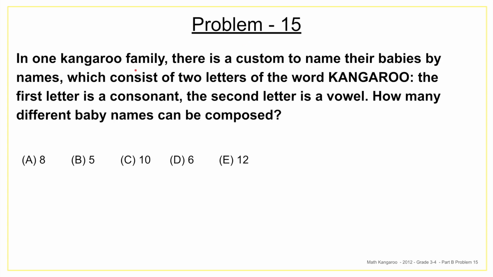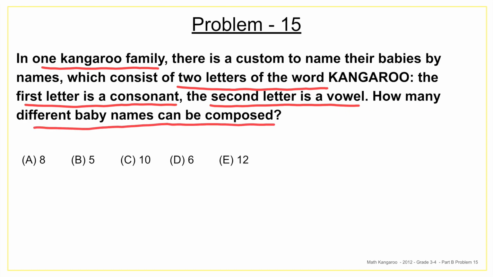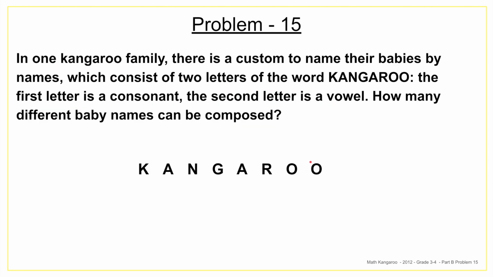Problem 15. In one kangaroo family, there is a custom to name their babies by names which consist of 2 letters of the word kangaroo. The first letter is a consonant, the second letter is a vowel. How many different baby names can be composed? These are our options. Let's find out the consonants and vowels in kangaroo first.